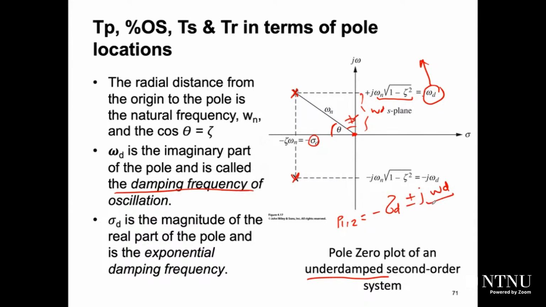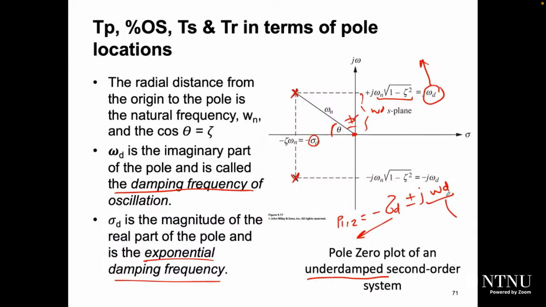Omega d we call the damping frequency of oscillation. Sigma d is the magnitude of the real part of the pole, and we call it the exponential damping frequency. So we have the real part and the imaginary part.